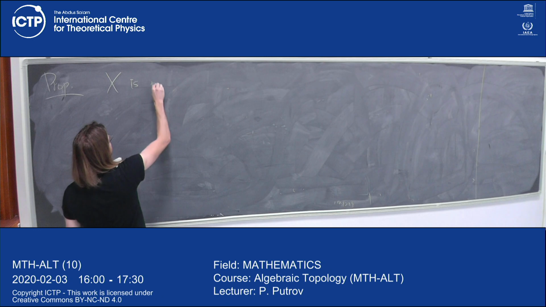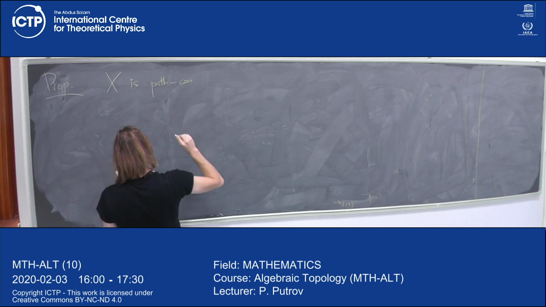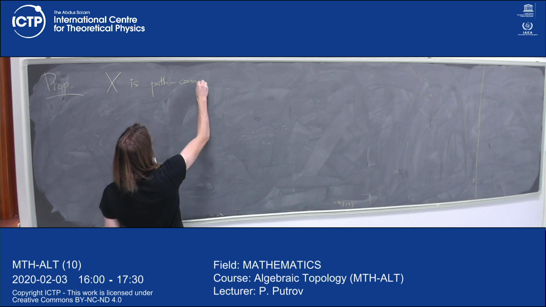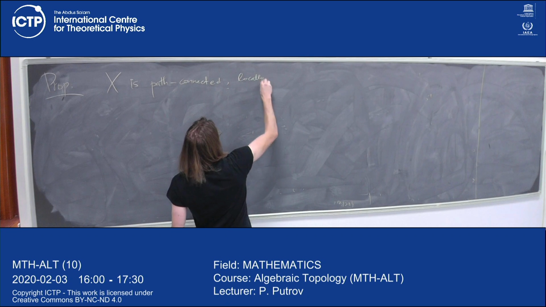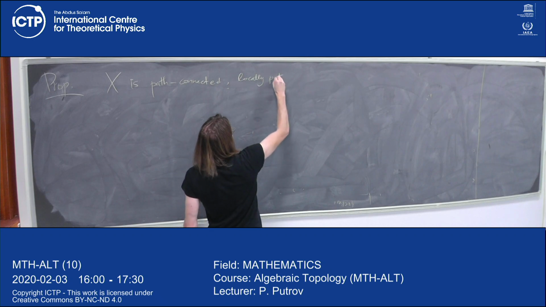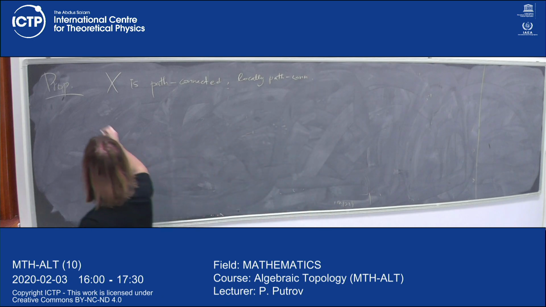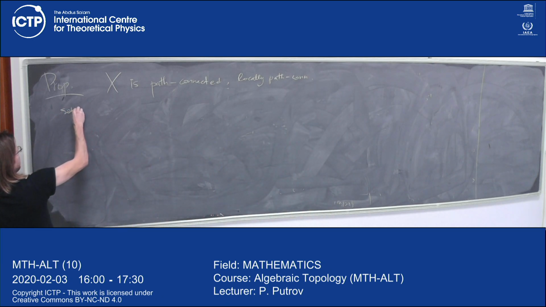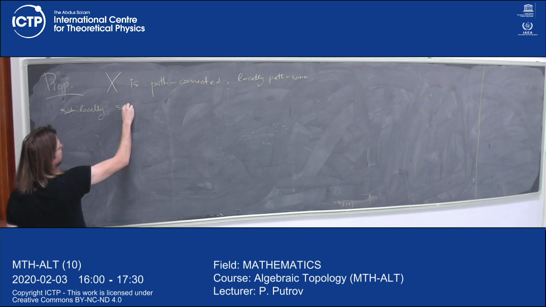So we will have the same assumptions. So X will be path connected, locally path connected, semi-locally simply connected.